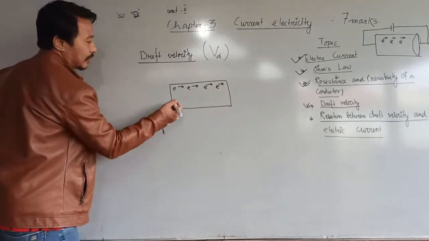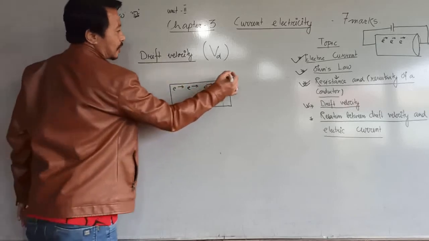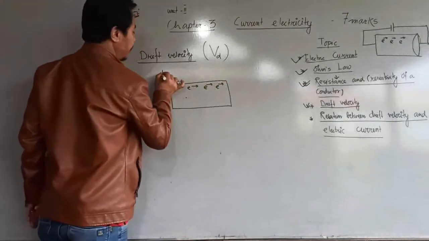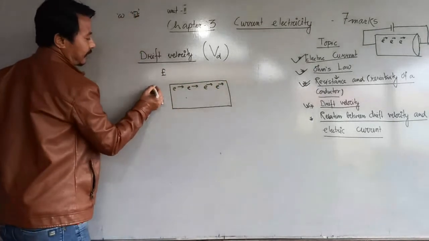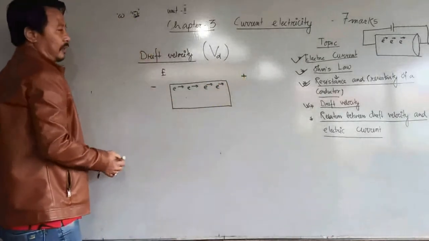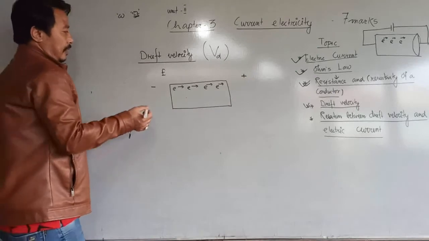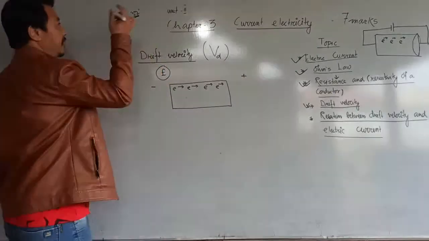There are a number of electrons here. So this is an electric field. Electric field means negative and positive terminals, and the potential difference developed creates the electric field. We have done the electric field earlier in unit number 1.